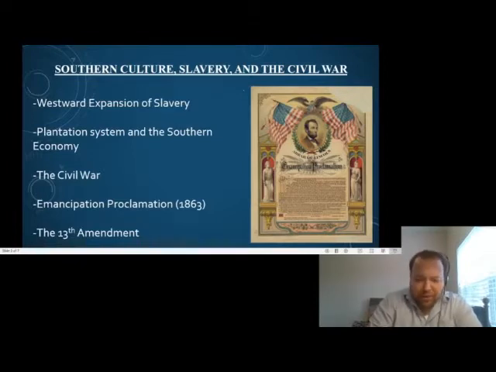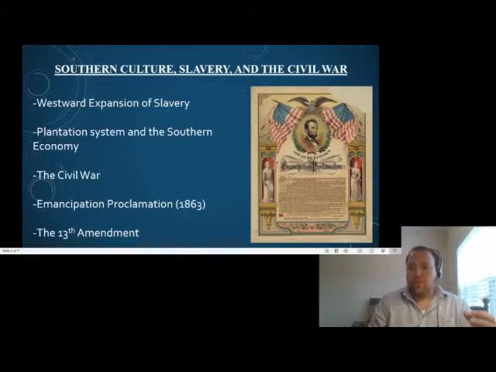They started off with crops such as tobacco, of course, but by the 19th century, the Southern economy had shifted primarily to the production of cotton. As I said in class, by the beginning of the 19th century, the South was producing somewhere around 80% of the world's cotton supply.